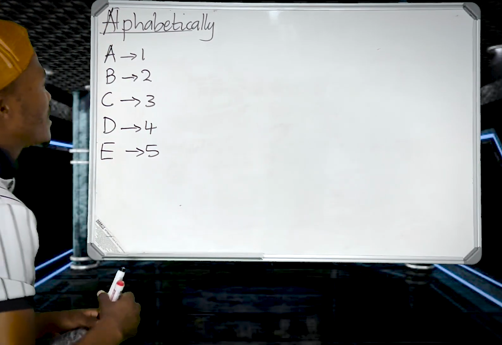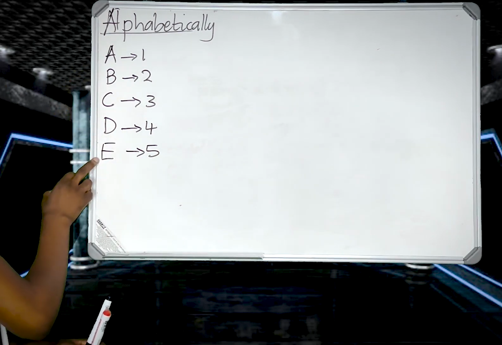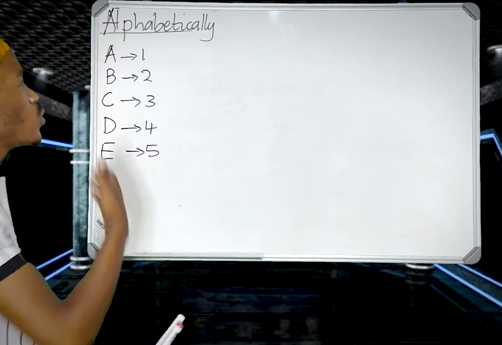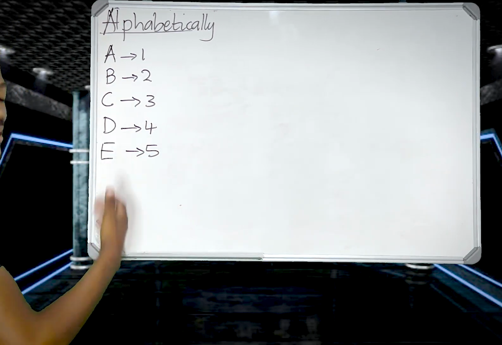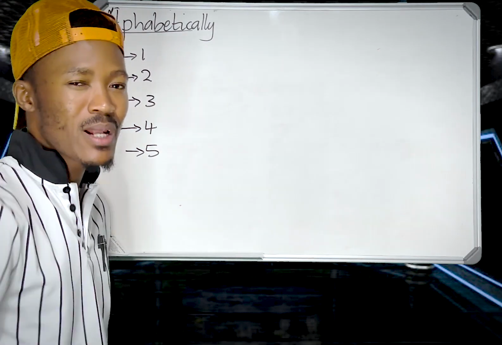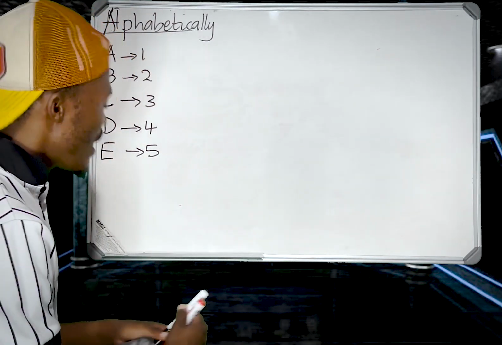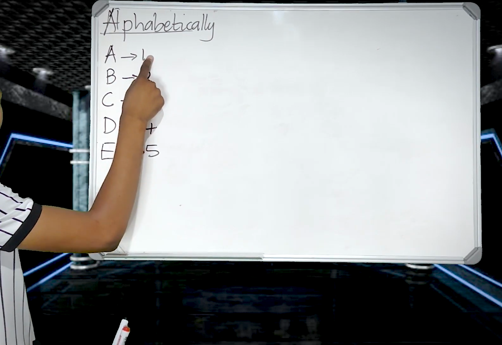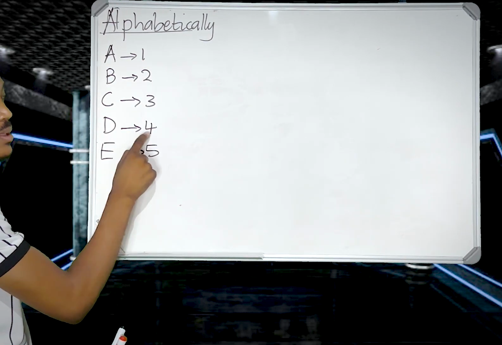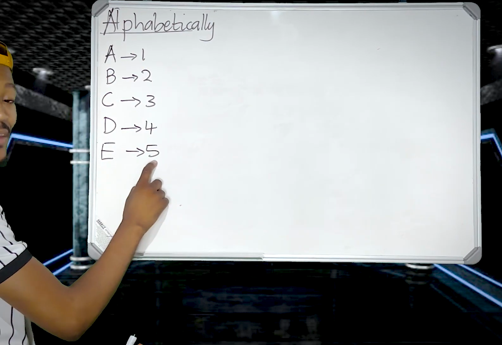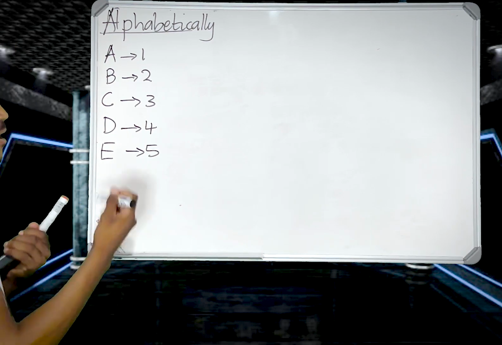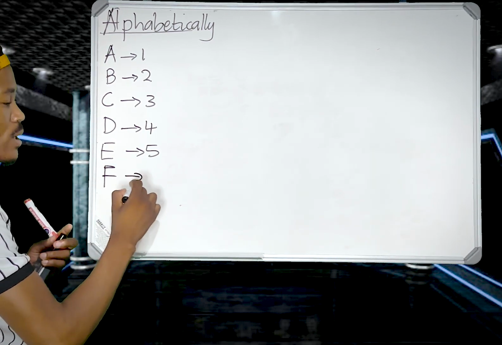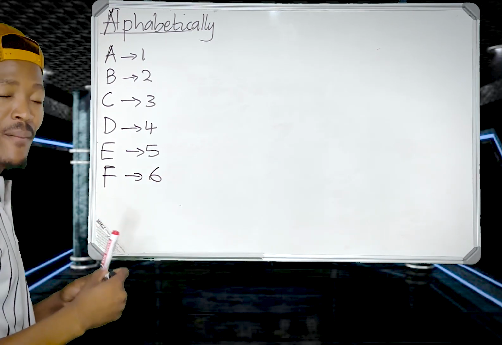How are we going to be able to track the number of tropical cyclones that have occurred? Now, we know that our alphabets in order, we start with A, B, C, D, E, F, G, all the way up until alphabet Z. Alphabet A is the first alphabet. Alphabet D, the fourth. Alphabet E, the fifth. And alphabet F, let us include it also, will be the sixth alphabet.